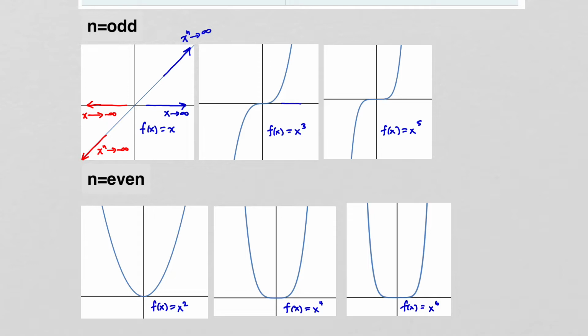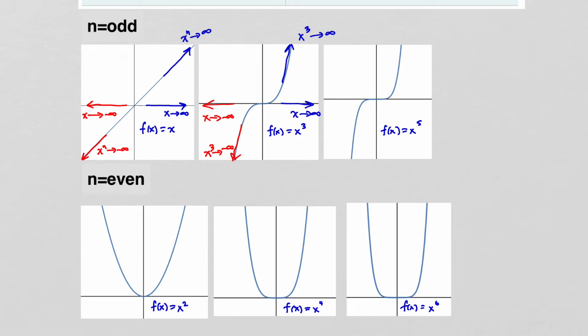So again, as x gets large here, the function values here are getting large. And as x gets large in the negative direction here, the function values are also getting large in the negative direction. And the same thing happens for the fifth power.